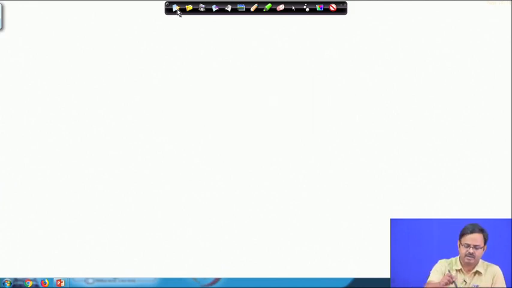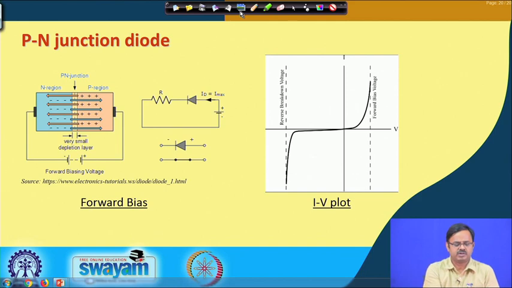That is what is shown in this figure as well. The depletion layer gets reduced. So now there is a current flow from right to left, or the P side to the N side, which is opposite to the direction of flow of electrons and in the direction of the flow of the holes.